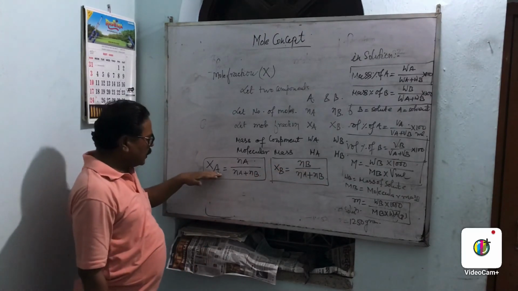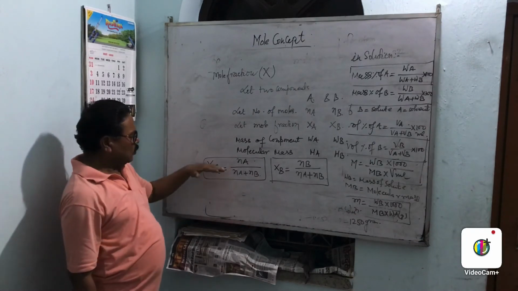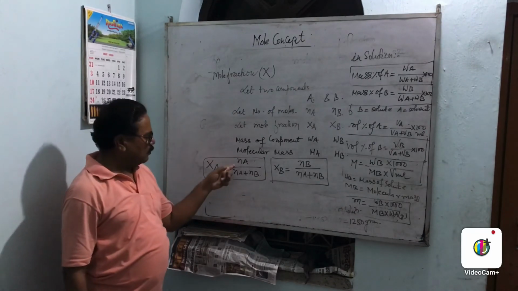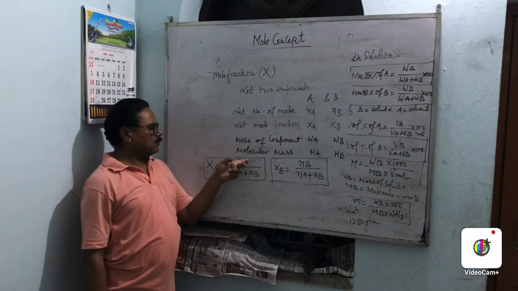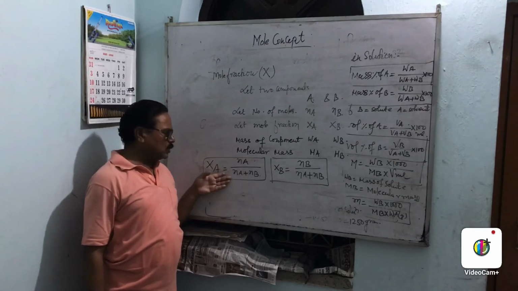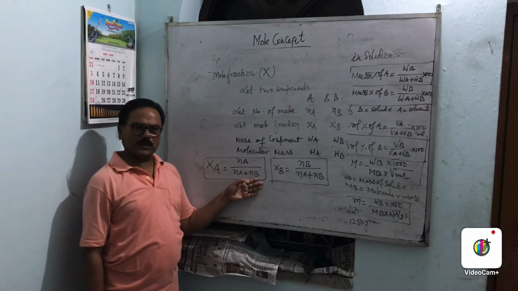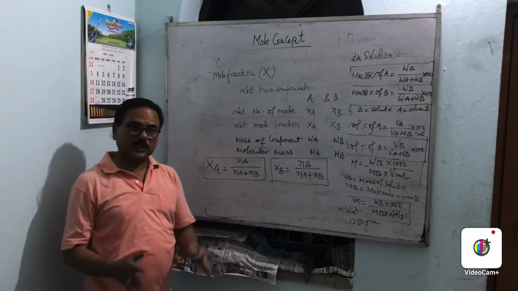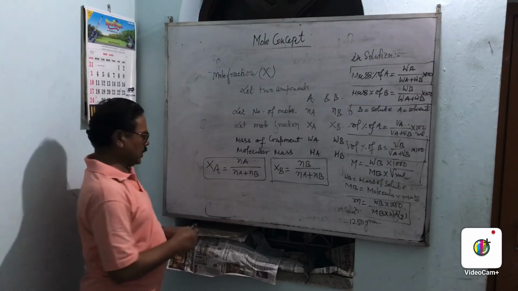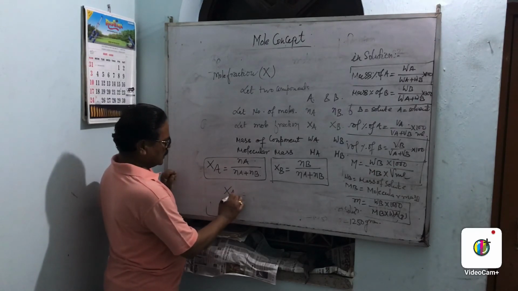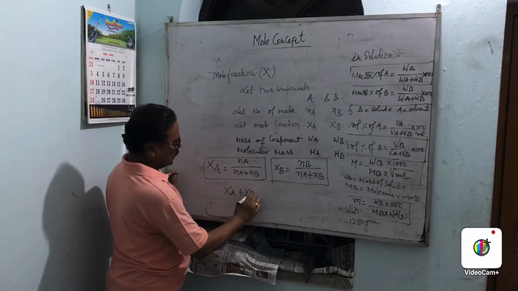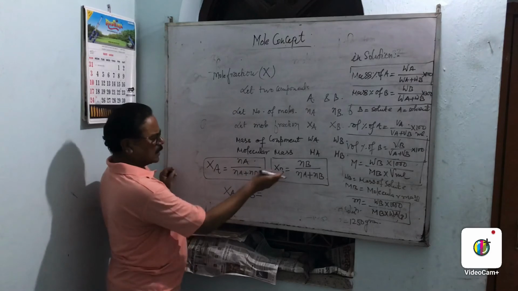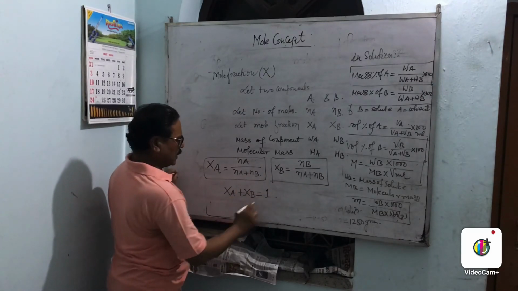So again we define it: mole fraction is the ratio of the number of moles of one component to the total number of moles. Now the sum of the mole fractions of all the components: Xa plus Xb, we take the LCM, then it will cancel out to one.